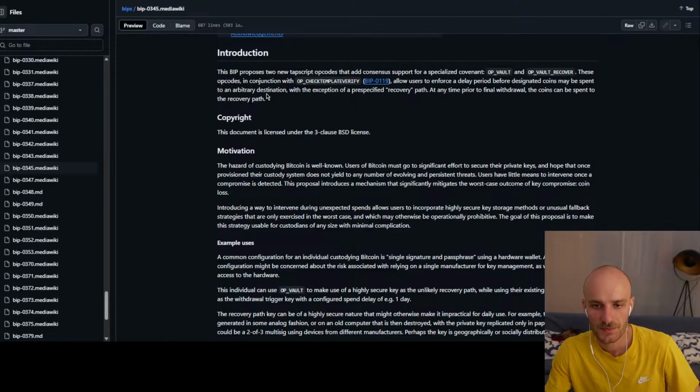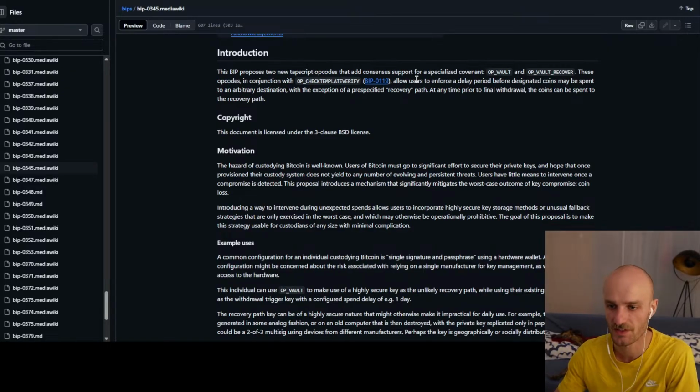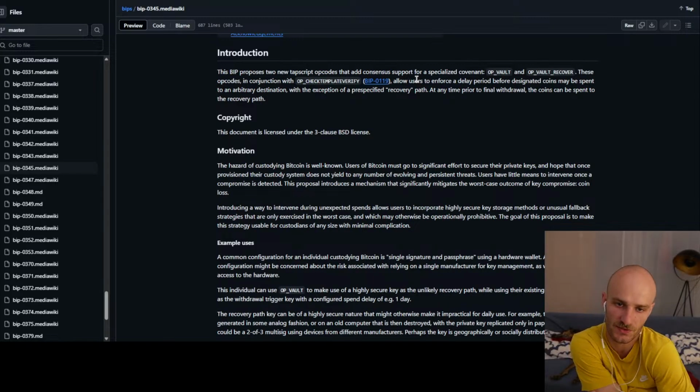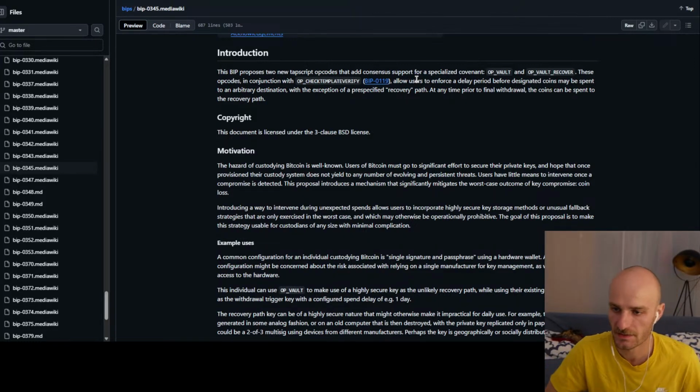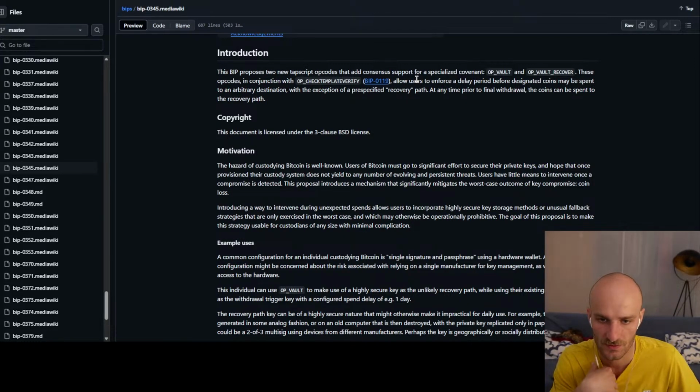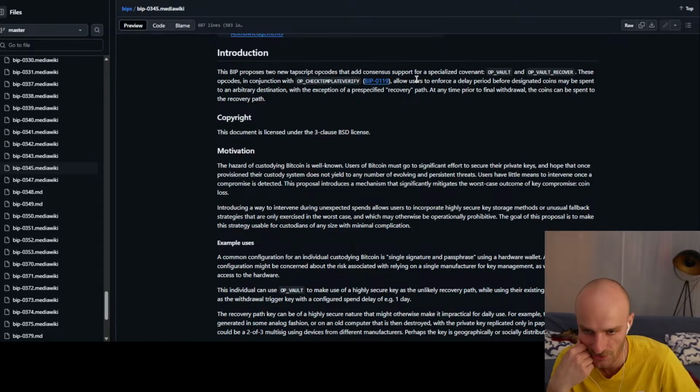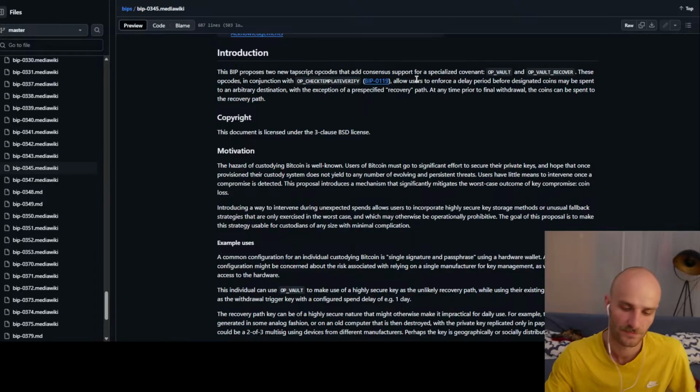Two new tapscript opcodes that add consensus support for a specialized covenant, OP_VAULT and OP_VAULT_RECOVER. These opcodes, in conjunction with OP_TEMPLATEHASH_VERIFY, allow users to enforce a delay period before the vaulted coins may be spent to an arbitrary destination, with the expectation of a pre-specified recovery path. At any time prior to final withdrawal, the coins can be spent to the recovery path.